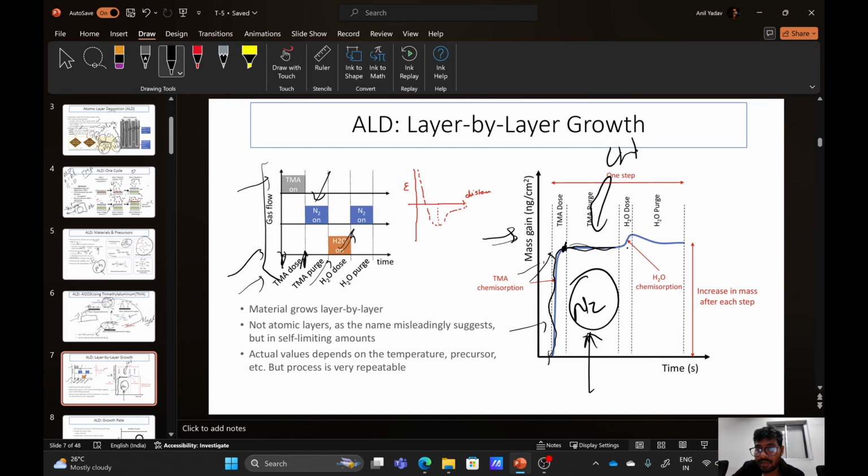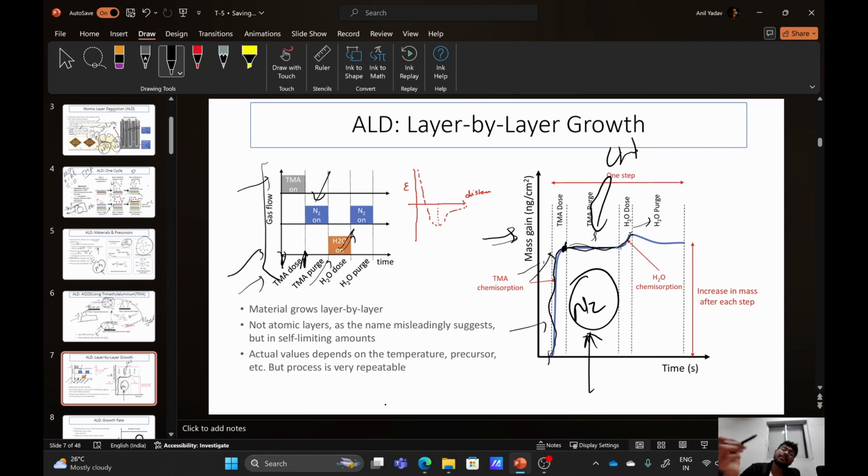After that, you give a dose of H2O that will react with the previous TMA layer, like a Lewis acid-base reaction, and at that point there will also be a saturation point.